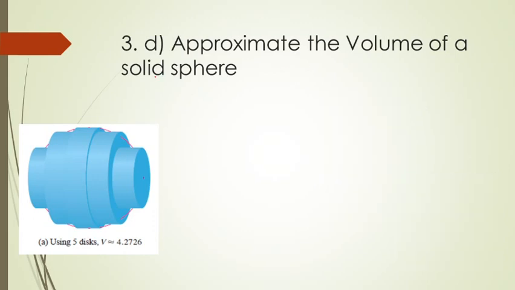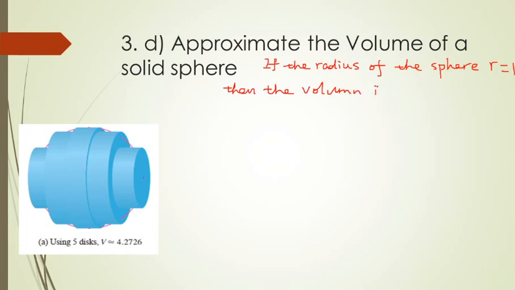For this illustration, if the radius of the sphere r equals 1, then we know the volume v equals, the formula is 4 pi over 3 r cubed. Since my r is 1, it will be 4 pi over 3. This is the example when the radius is 1.